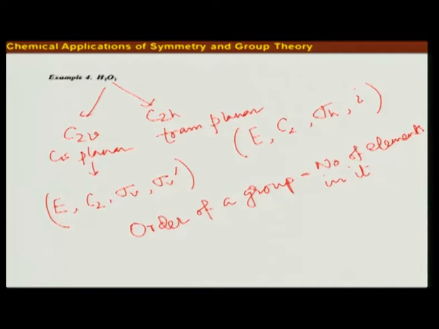So in case of symmetry point groups also, when you have found all the symmetry operations belonging to that particular group, you form a closed group, and the number of such symmetry operations including identity will give you the order of the group.